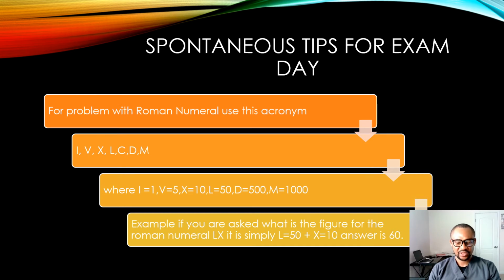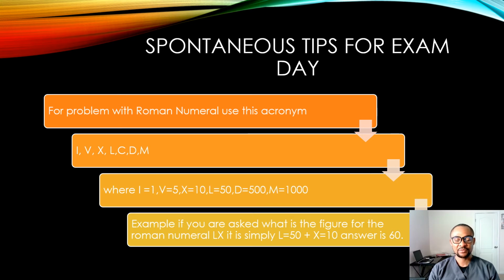For example, if you are asked what is the figure for the Roman numeral LX, if you know the acronym IVX-LCDM, you know that L is 50 and X is 10. So when you are asked what is the Roman numeral LX, it means you're going to add 50 to 10, that will give you 60.